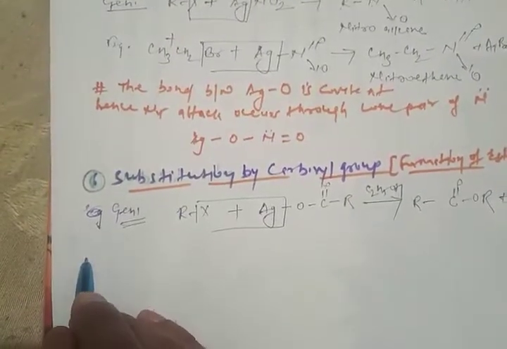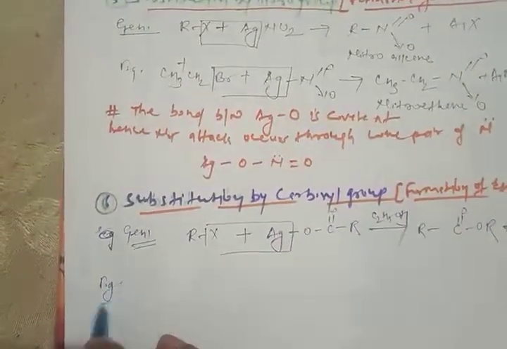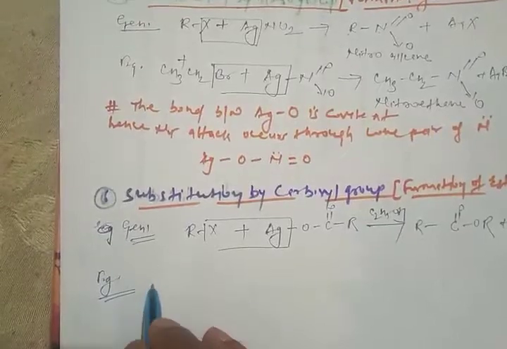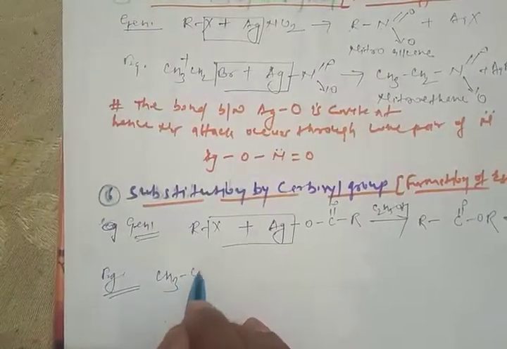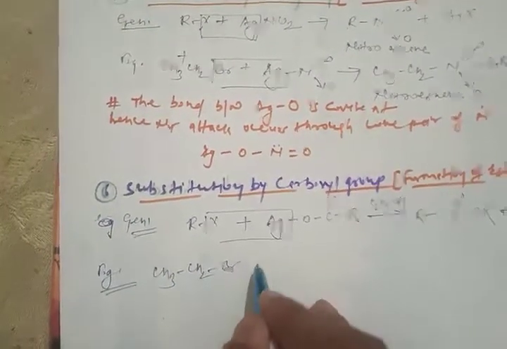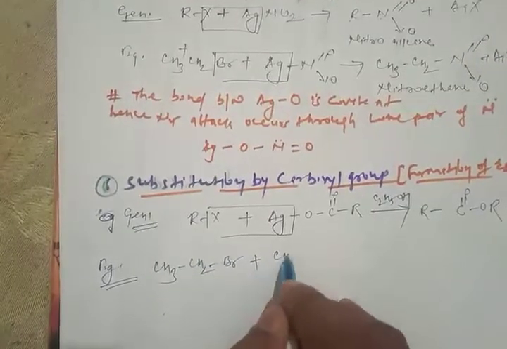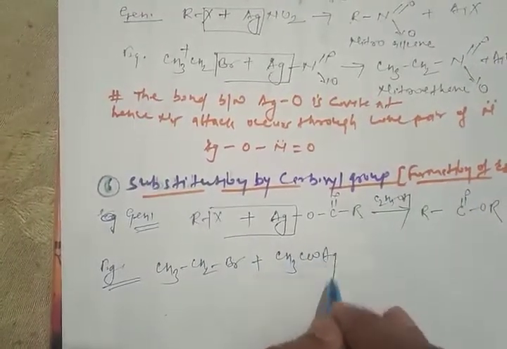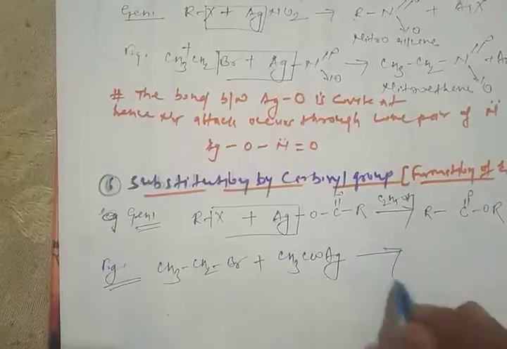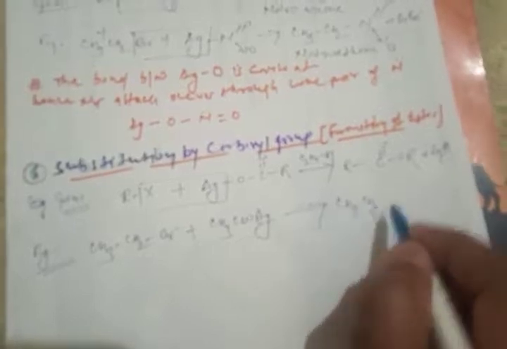And for an example of the equation, CH3CH2Br with CH3COOAg will give you CH3CH2COOCH3 plus AgBr.